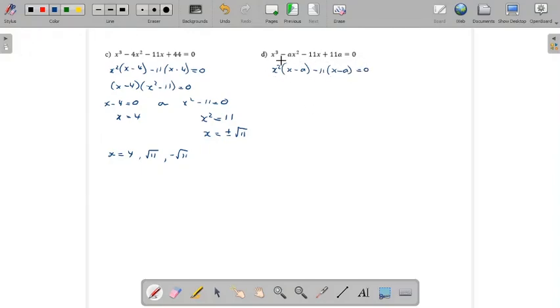So this is a bit more of a general example similar to this, where a really represents any number at all. x minus a will be in the first set of brackets, and the second set will be x squared minus 11. So then x equals a, or, as with this one here, plus or minus the square root of 11 are our possible solutions.